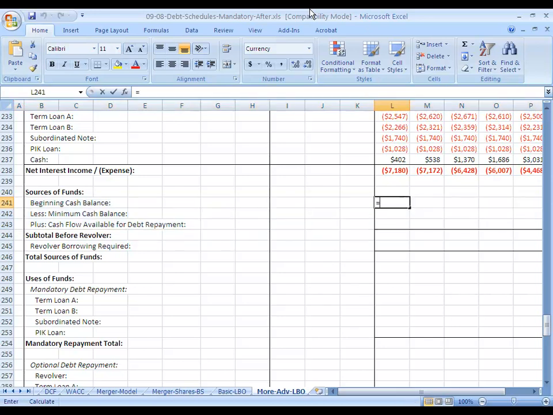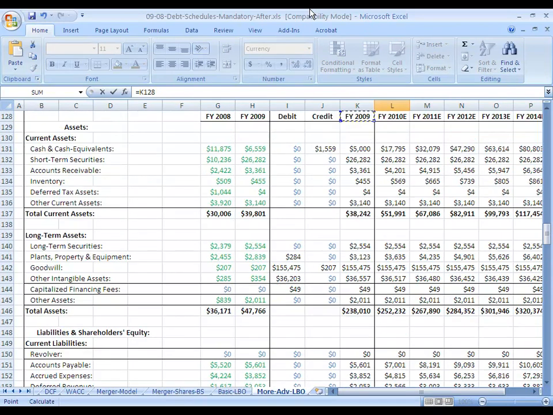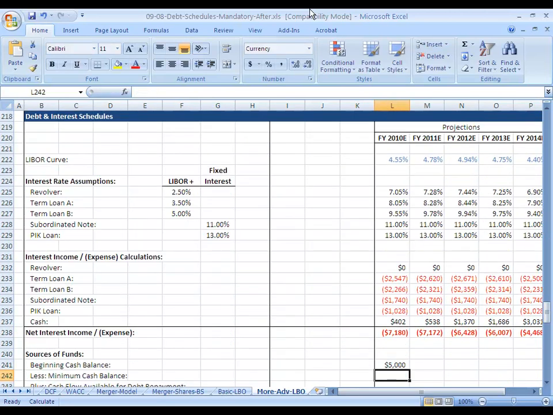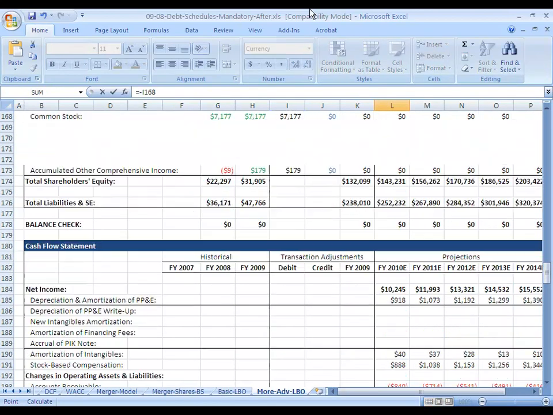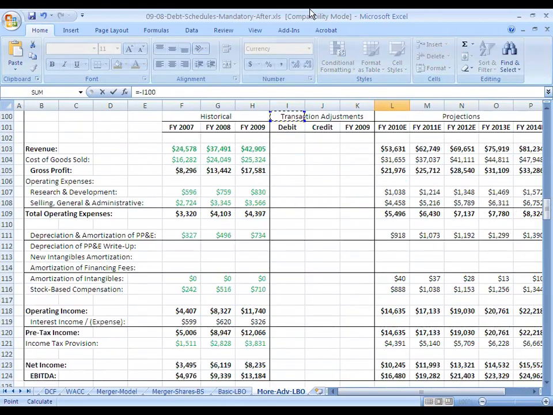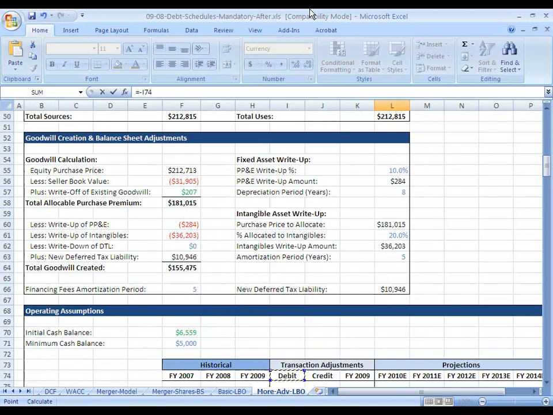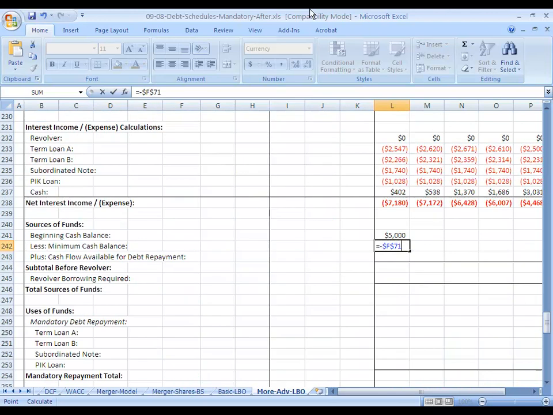So for the beginning cash balance here, let's go up to our balance sheet and go to the $5 billion of cash in FY 2009, the pro forma version of 2009 right here. Now for the minimum cash balance, remember, this is up in our operating assumptions. So I'm going to go down here and simply anchor this, take the negative version of it.